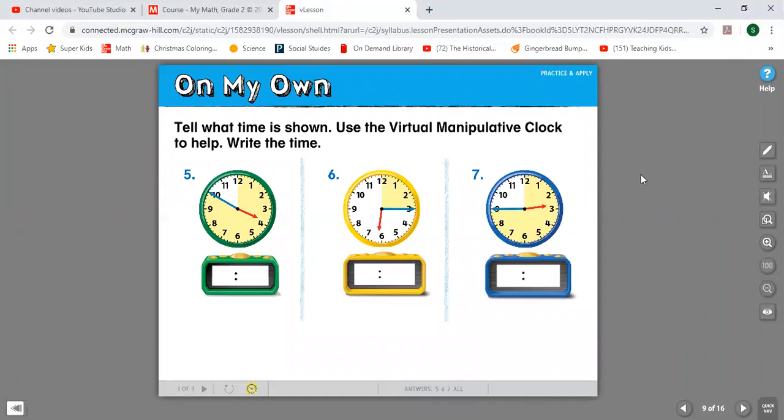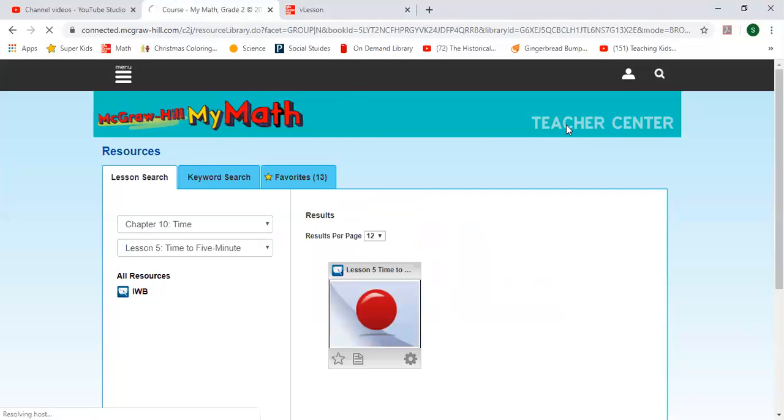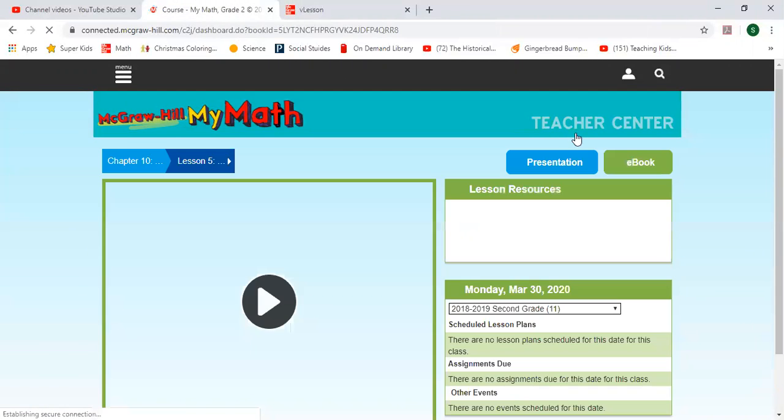So now that we know how to count by fives, let's go ahead and look at what we are doing today in our lovely blue folder. So I want to make sure that we are on the same page together.